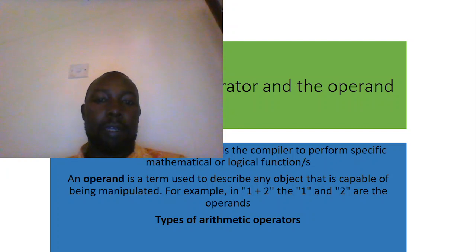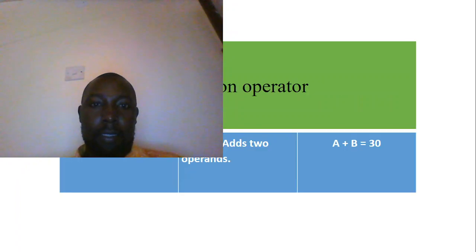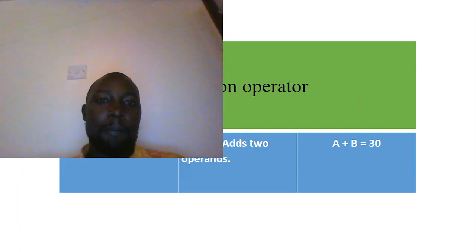For example, if you want to add 1 and 2, addition is an operator. That is, the plus sign is an operator. In 1 and 2, the numbers are operands. So the types of operator, one is the addition operator.